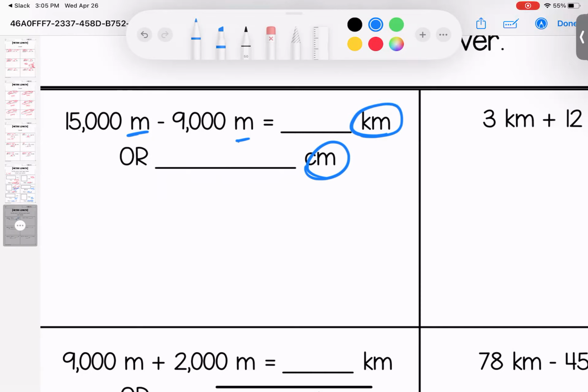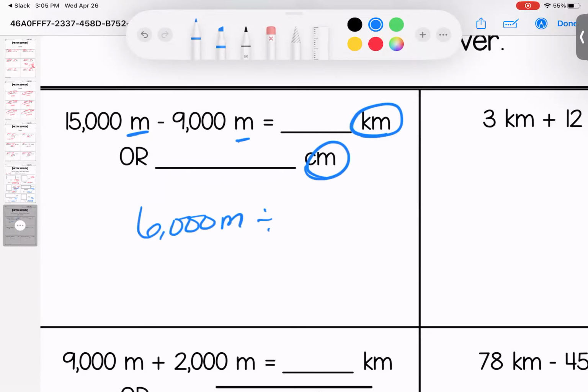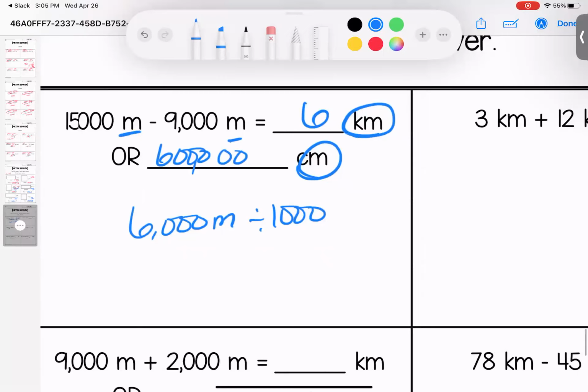So 15,000 minus 9,000 leaves me with 6,000 meters. There are 1,000 meters in a kilometer, so this is 6 kilometers. If I wanted to convert it into centimeters, though, instead of dividing by 1,000, I would times by 100, which would give me 2 extra zeros, or 600,000.